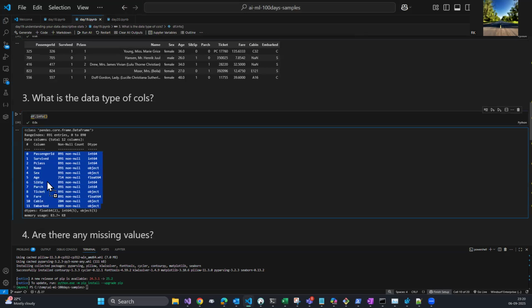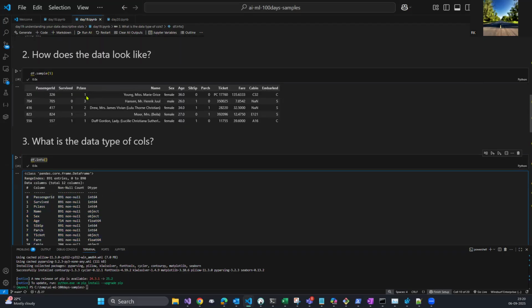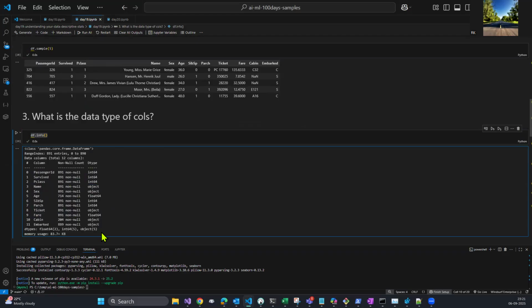For example, this column, Pclass. We have int64, but we don't need int64. int32 would be helpful, or lesser than that. So based on this sample and these data types, we can derive that.